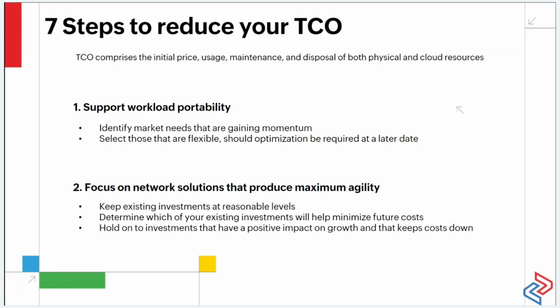So you need to figure out what existing investments of yours will help in minimizing future costs. You need to hold on to investments that have a positive impact on your growth specifically, because the larger you grow, the greater your profitability becomes. And that's where you need to focus on solutions that give you maximum agility.